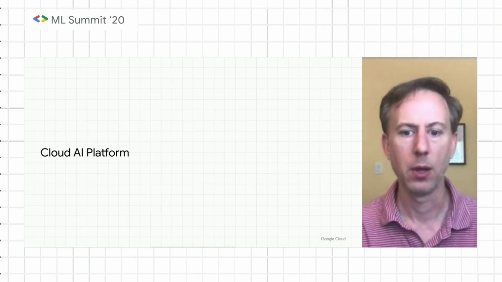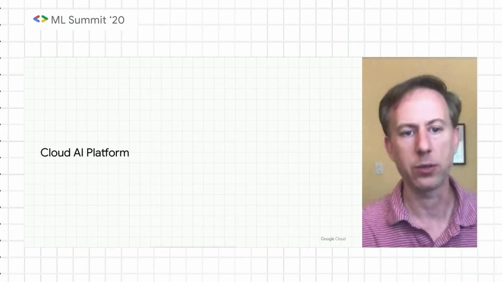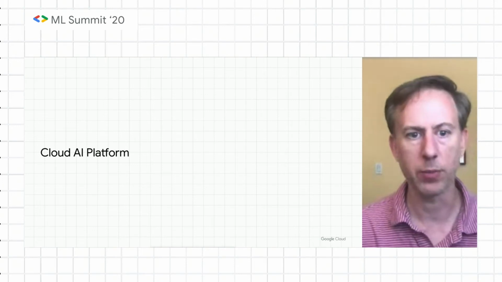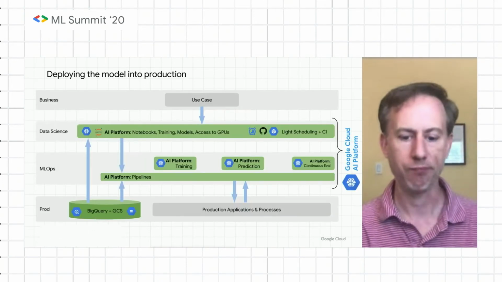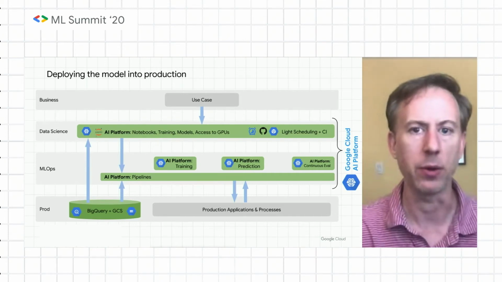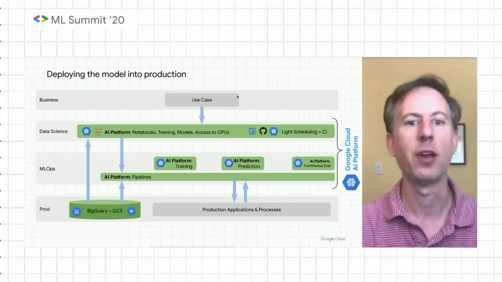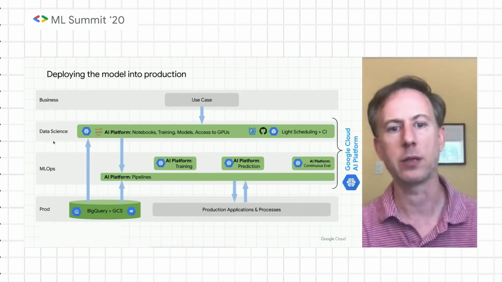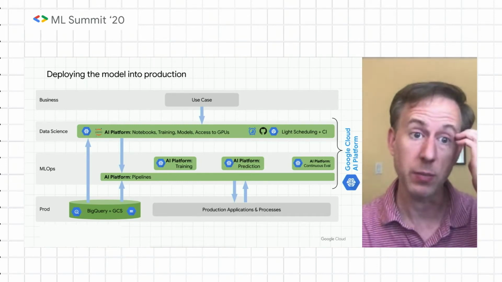Okay. So we've looked at some of the different neural network architectures. Let's look at the Cloud AI platform and how some of the tooling can help build a time series model. It all starts with the use case that's outside of the tooling, and that's going to drive the first part of data science, where you're prototyping, figuring things out, and training some models.